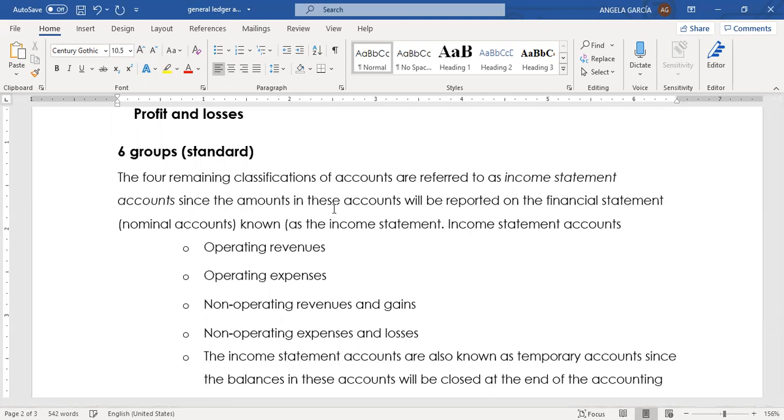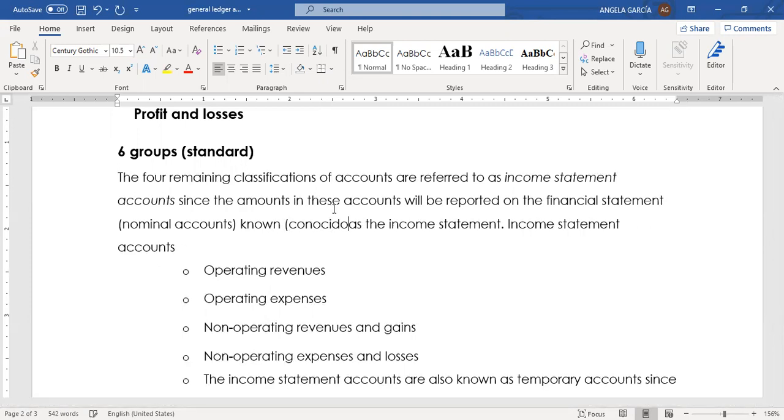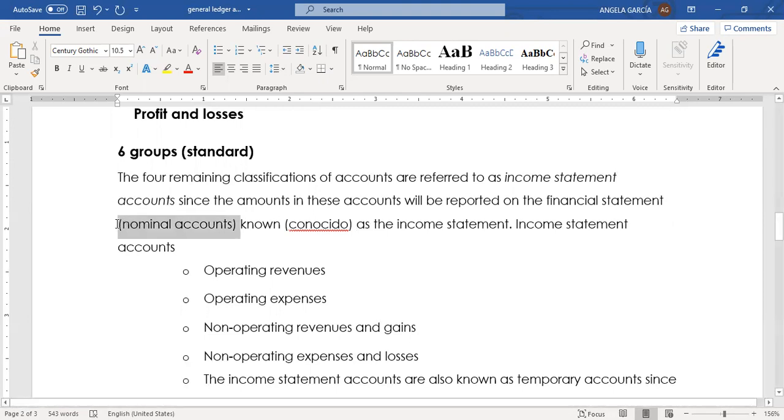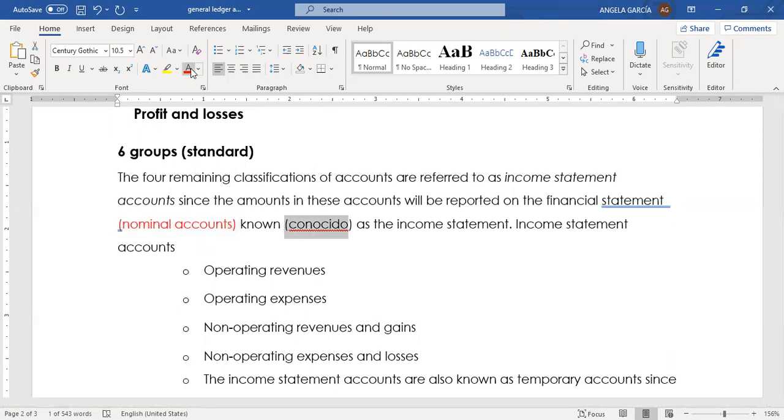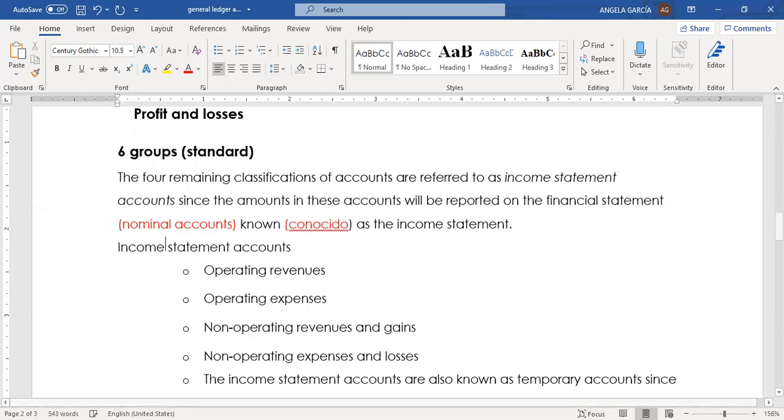It means, que es conocido. Known means conocido. Estoy sombreando. I'm highlighting or marking in font red those words that I'm adding to the file. So, are known as the income statement accounts.